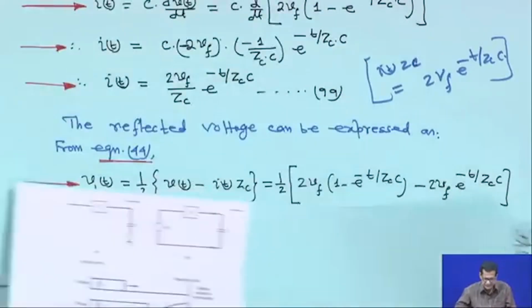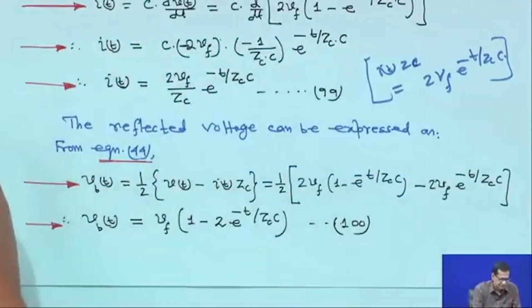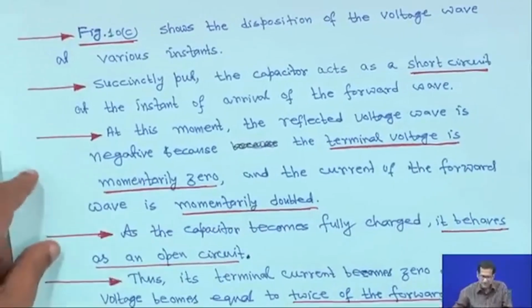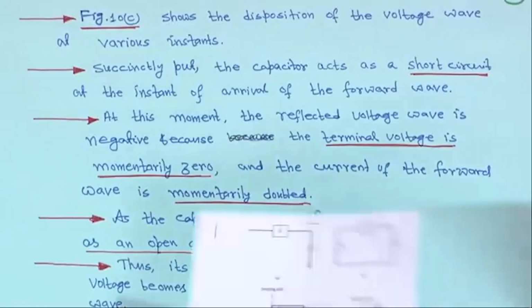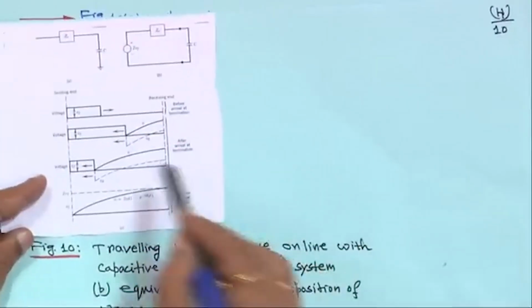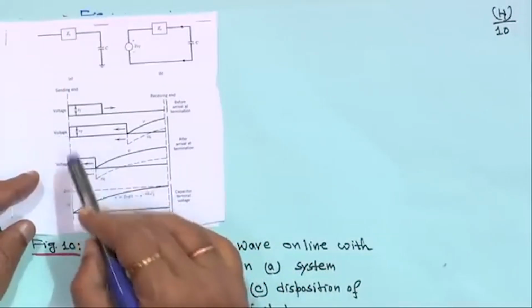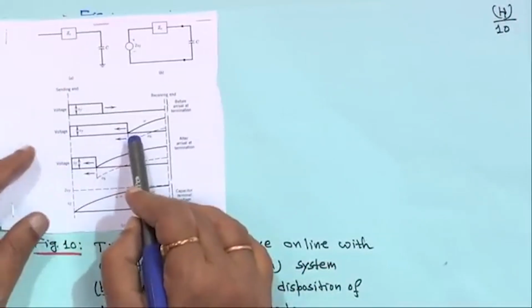In this case, just a little bit of understanding: this is the position of the voltage wave at various instants, two instants are there, and looking at the first one is more than enough.